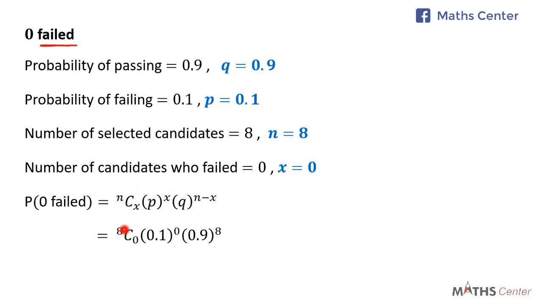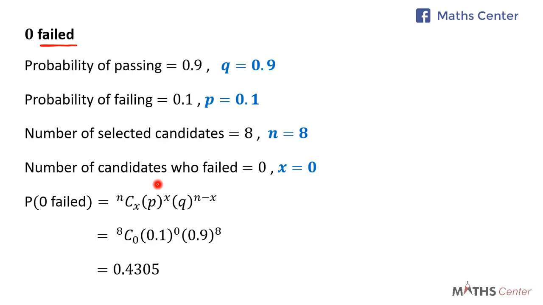When we do that, you have 8 combination 0, 0.1 exponent 0, 0.9 exponent 8, and this gives us 0.4305. So the probability that no candidate failed, or 0 candidates failed, is 0.4305. This is the first case.